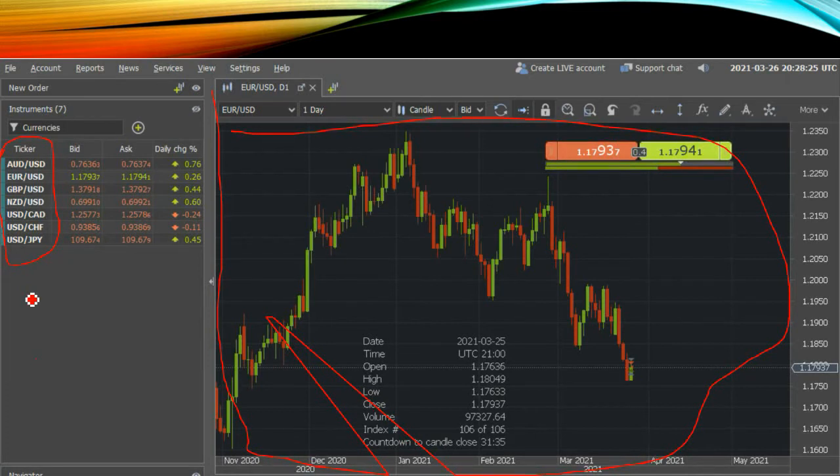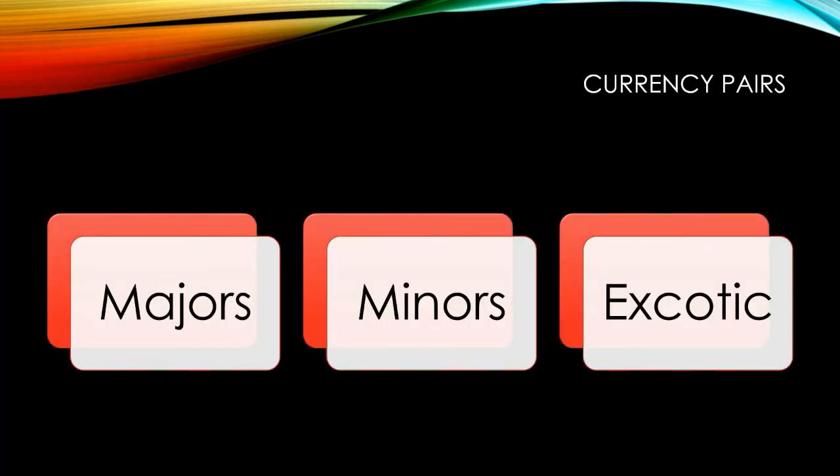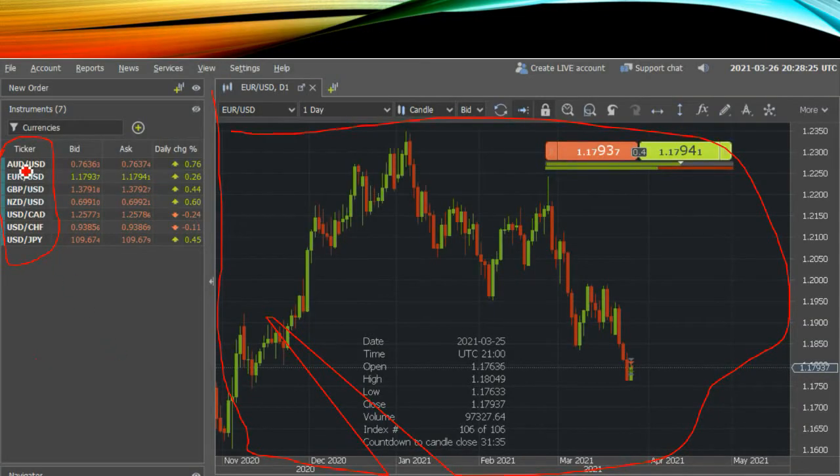In currency pairs there are three types: majors, minors, and exotics. In the major currency pairs, USD will be present with the developed country currencies. These are the most traded pairs, and they are mostly stable currency pairs.